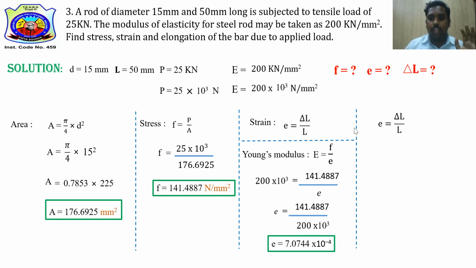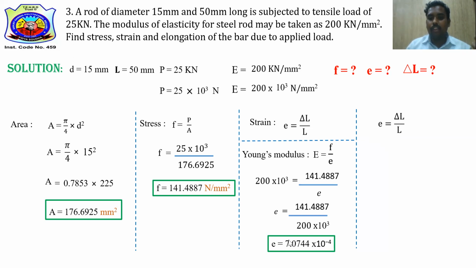What is the value of small e, the strain? Do we know that value? No, it is an unknown value. What about delta L? Again, it is an unknown value. What about L? We have 50 mm. So it seems there are two unknown values, but on clear observation we will see that we have only one unknown value, because though we have written e equal to question mark, in the previous step we have found the value of e.